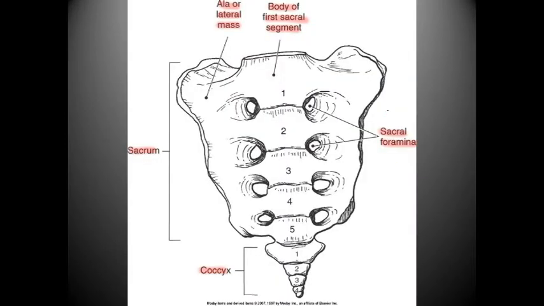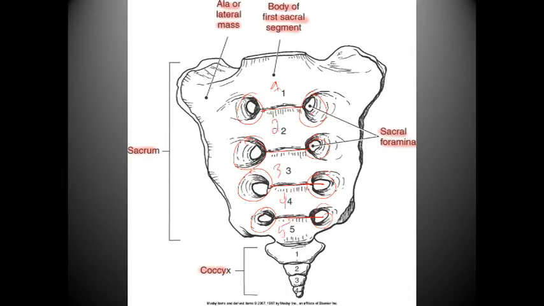So, looking at the sacrum, we have sacral foramen, or foramina here. And so we have 5 levels. 1, 2, 3, 4. 4 different spaces, which makes this level 1, 2, 3, 4, 5.